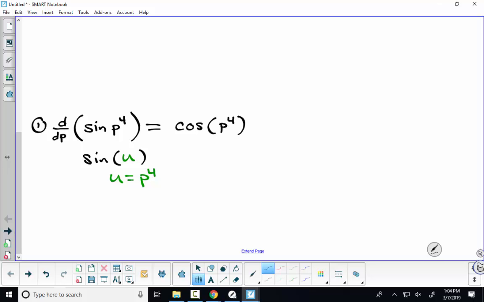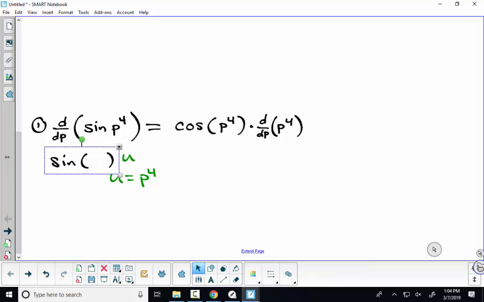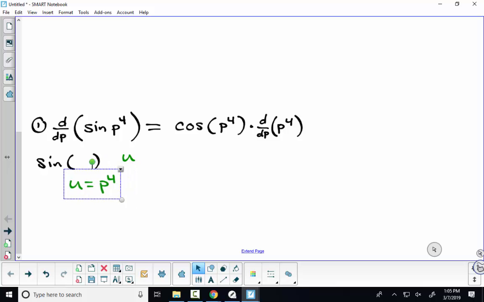And then we multiply by the derivative of the inside function, derivative of p to the fourth. Is everybody all right with that?